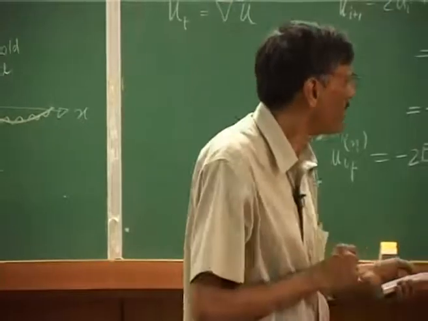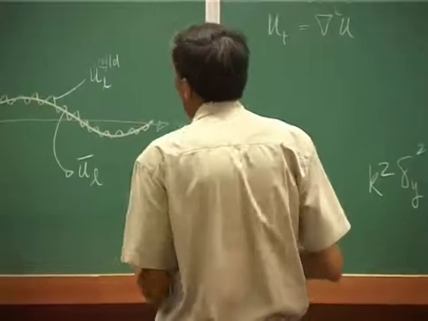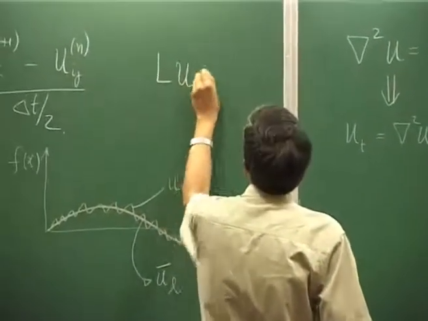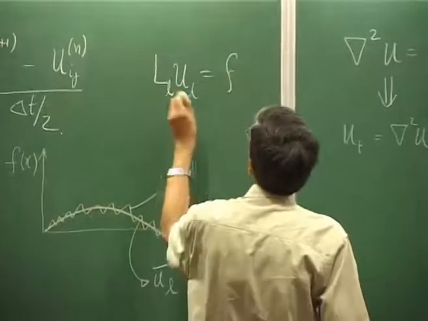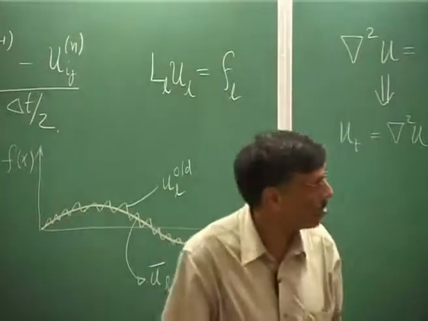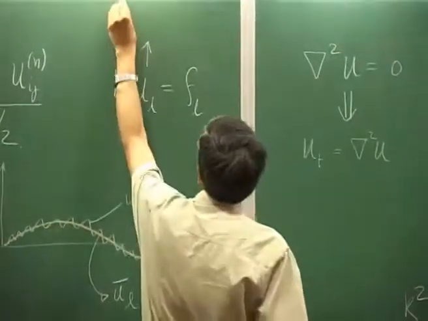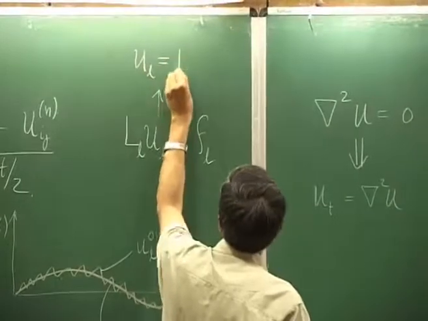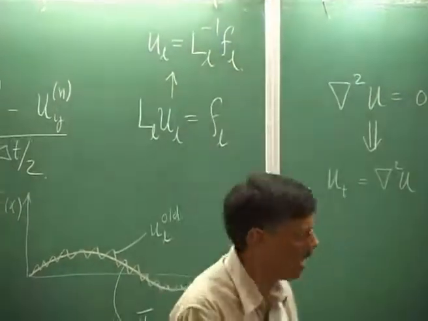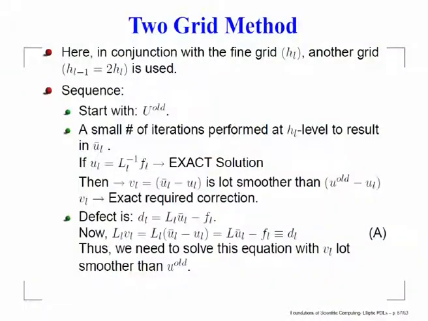So what happens is, what we are trying to solve is L of QL. Now this is also grid dependent, the operator also depends on the grid. So it's an exact solution. We will be able to write it as L inverse. So the exact solution is given here in this fashion.